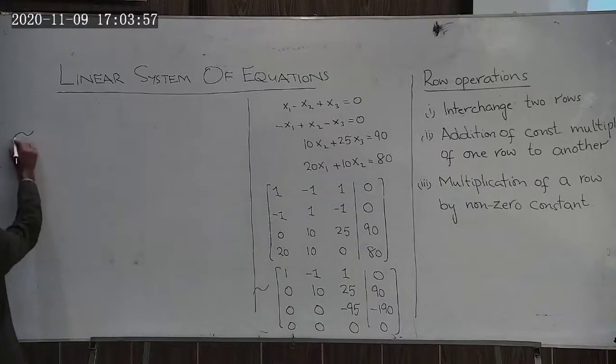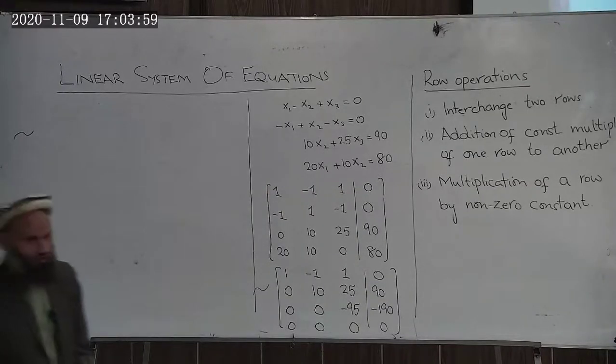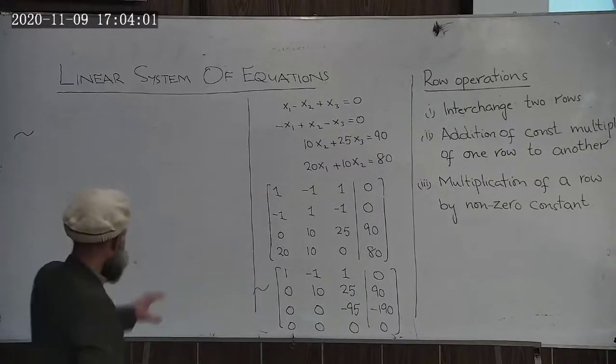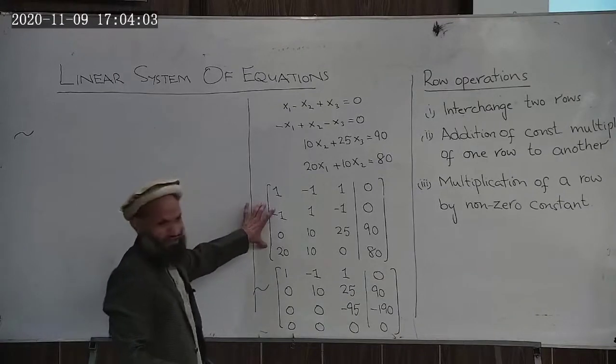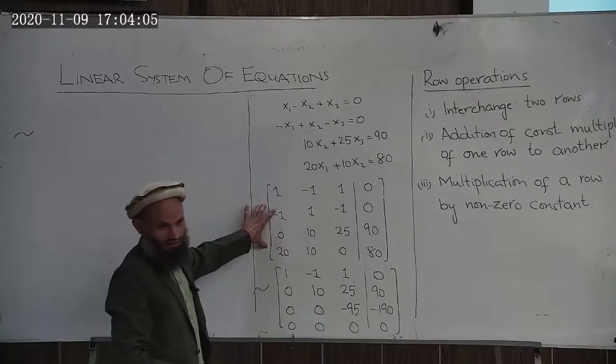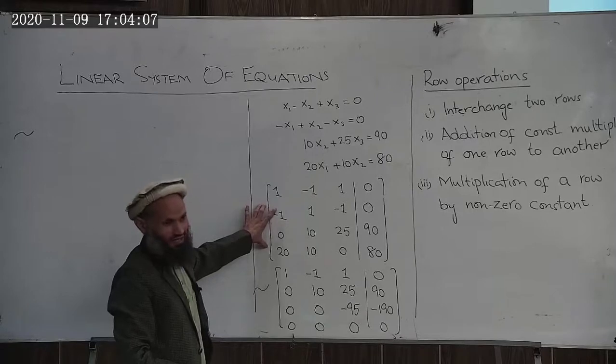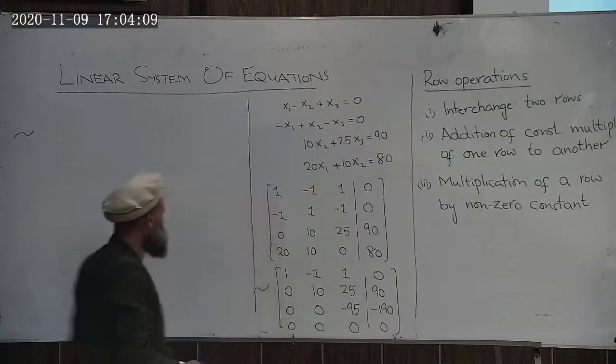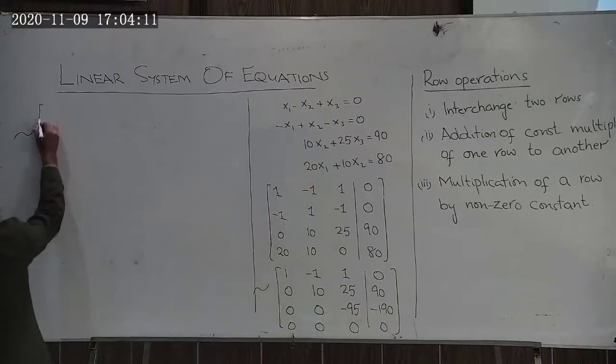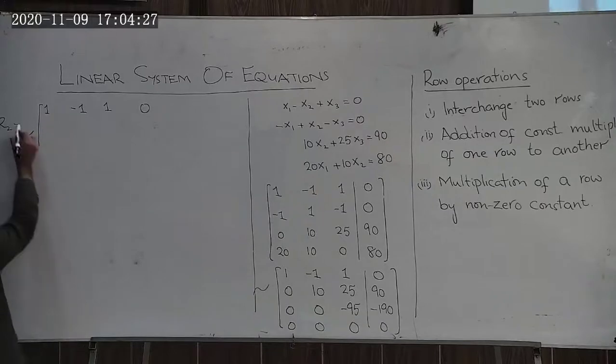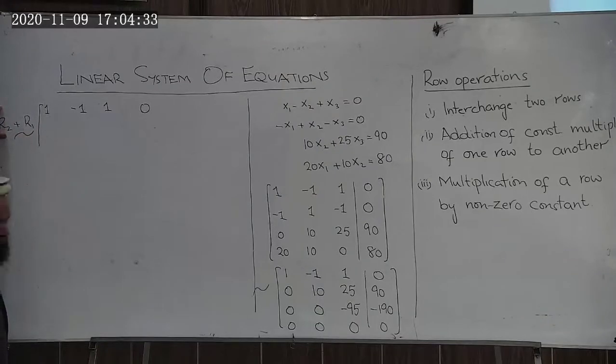Here this symbol is used to denote that both the matrices are equivalent. That is, both the matrices are row equivalent and will have the same solution. So we have multiplied row 1 with 1 and added it to row 2.